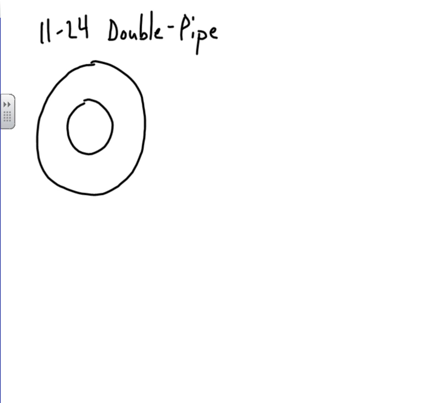Okay? On the inside there is refrigerant 134A, and on the outside, or in the annulus, we have water. And we are given some information in the problem statement. We are told that the outside diameter, D0, is equal to 0.025 meters.